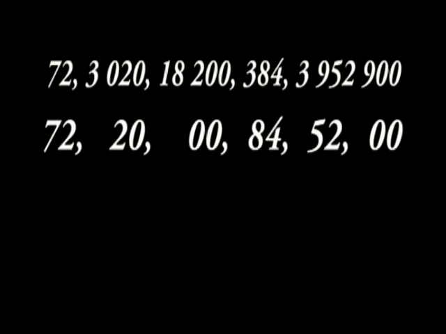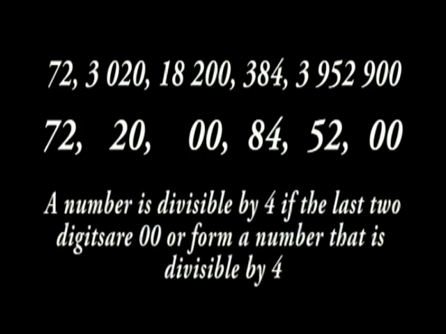In summary, a number is divisible by 4 if the last two digits form a number that is divisible by 4 or are 0, 0.